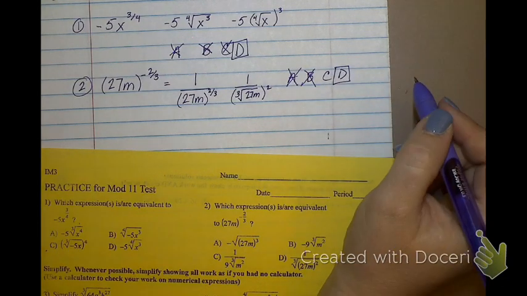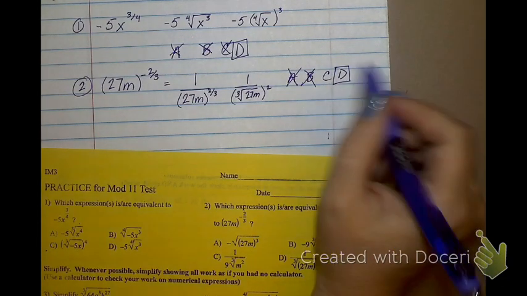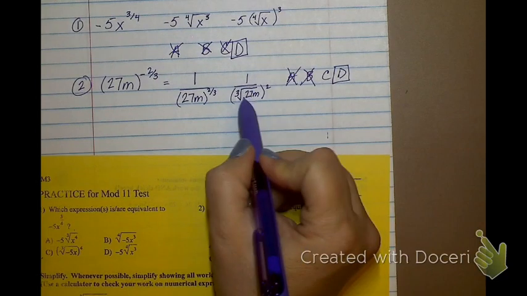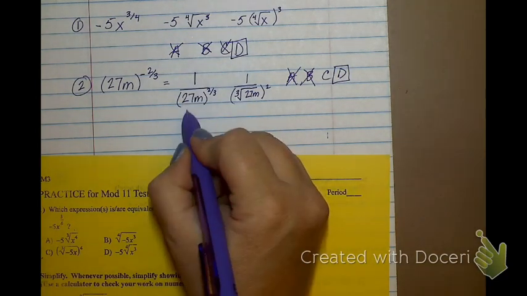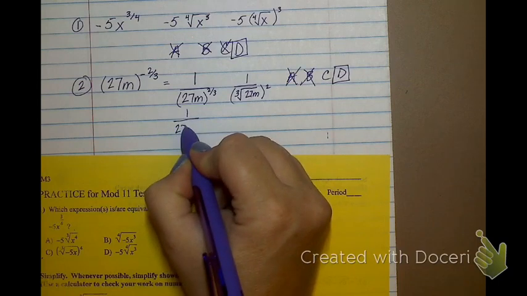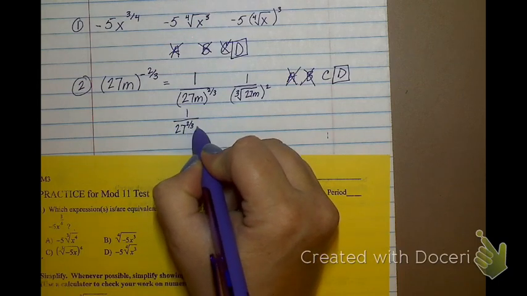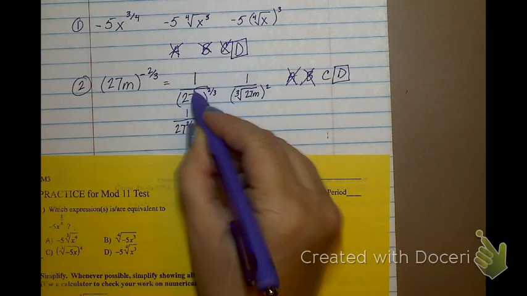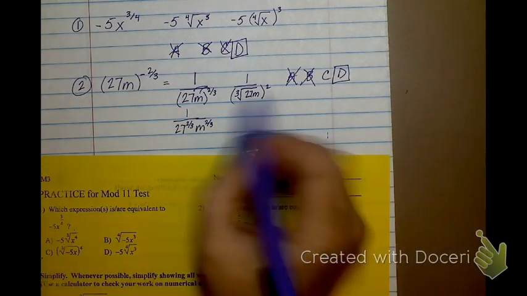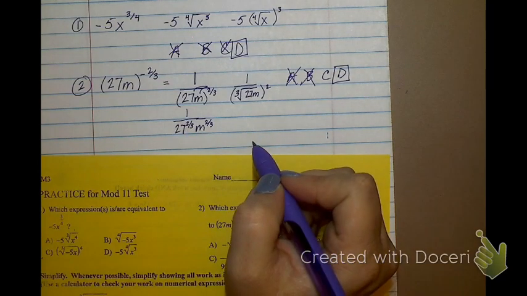Let's check C. Okay. Let me think about this in a slightly different way. I'm going to go back to here. I could think of this also as 27 to the 2/3 and m to the 2/3, right? Because I can distribute that exponent to both of those. Yeah. What is 27 to the 2/3?